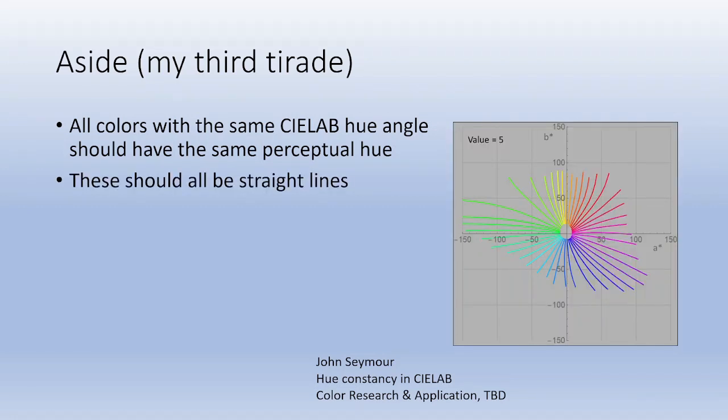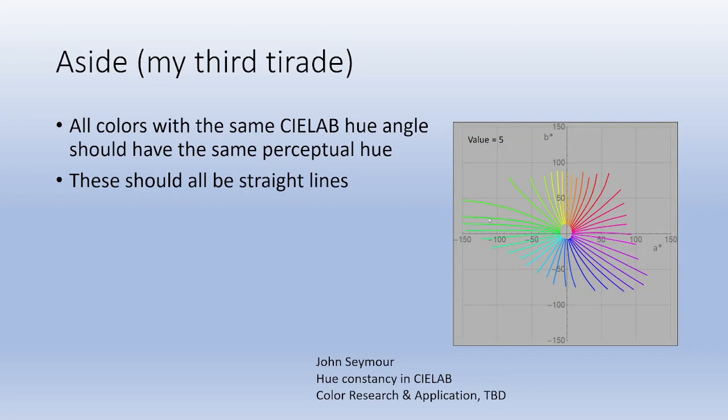That would be nice. And if that were the case, then these would all be straight lines. Each one of these lines is from the Munsell color set. This particular line is a bunch of reds. In this case it is pretty close to linear, but let's look over here in the green. We see that it changes hue rather dramatically.